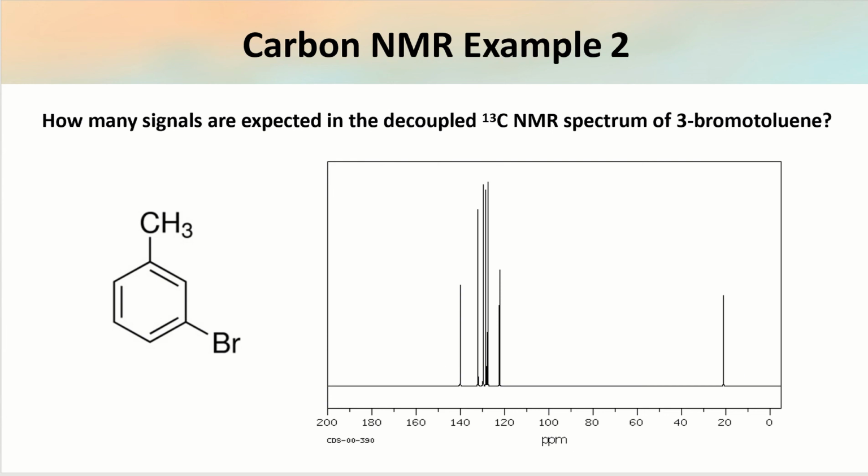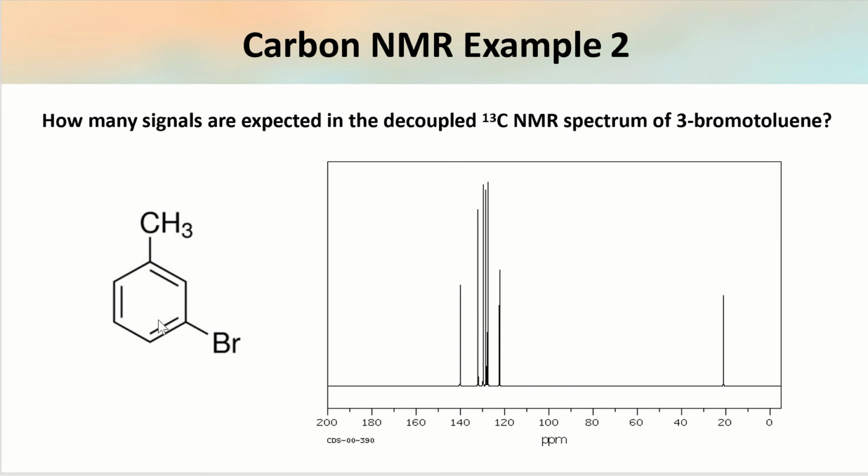All right, so again, how many signals are expected in the decoupled carbon-13 NMR spectrum of 3-bromotoluene? Go ahead and count the different electronic environments. All right, if you counted 7, then you would have been onto something. We have 1 here, which would be the most shielded carbon, around 20.